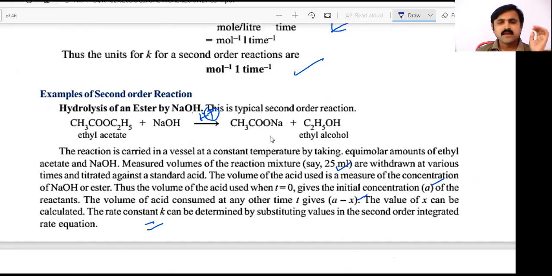The second order example, that typical example given, is ethyl acetate ester. Okay, hope dear students, we have given relevant examples for the order of reactions as well as the rate of reactions, elementary steps and all in this session.